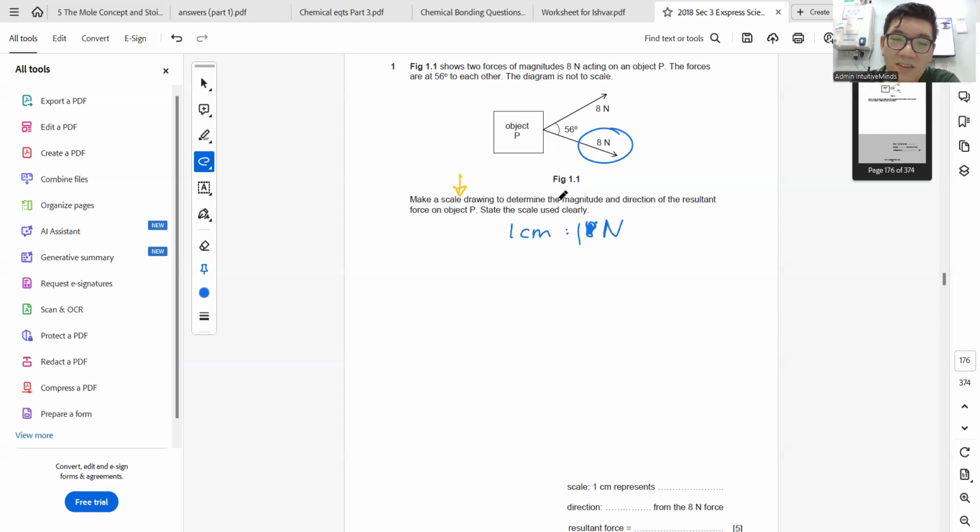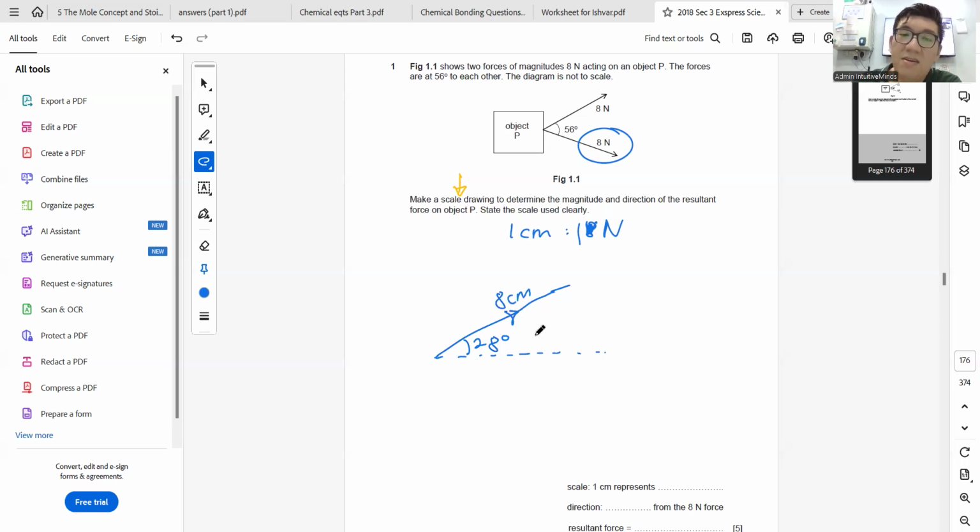So what you can do is draw a horizontal guideline and then use a protractor, mark 28 degrees because you're looking at an isosceles triangle. The two lengths are equal. Mark 28 degrees, measure up to 8 cm.